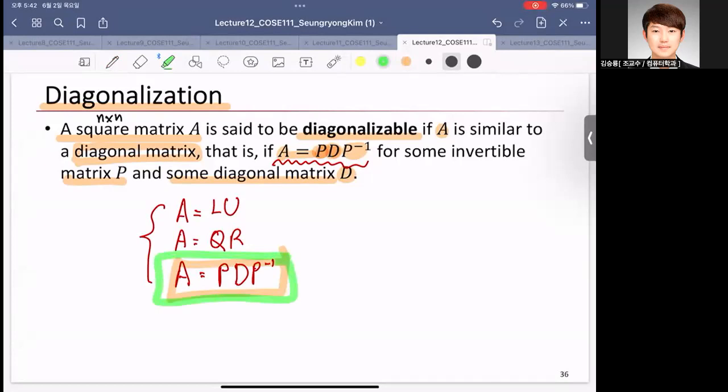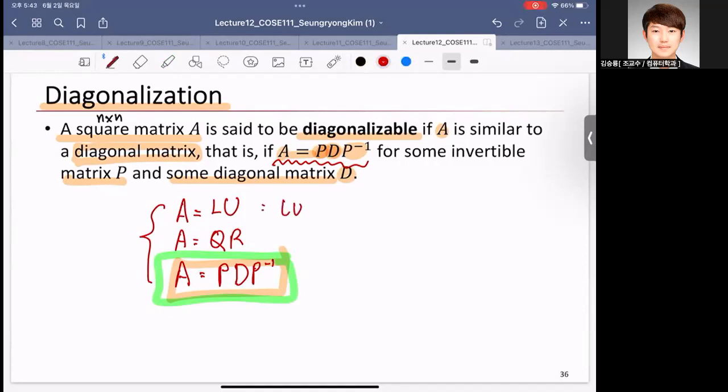Diagonalization. A is equal to P D P inverse. First of all, let's talk about the meaning of this diagonalization and how to find these matrices.